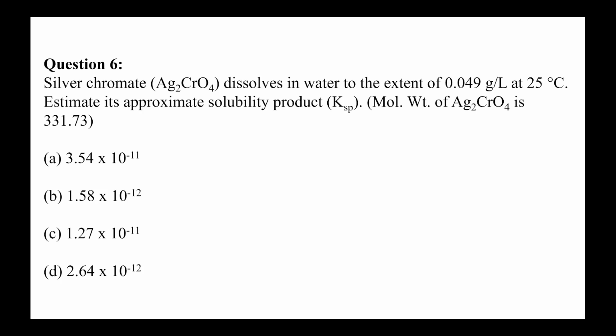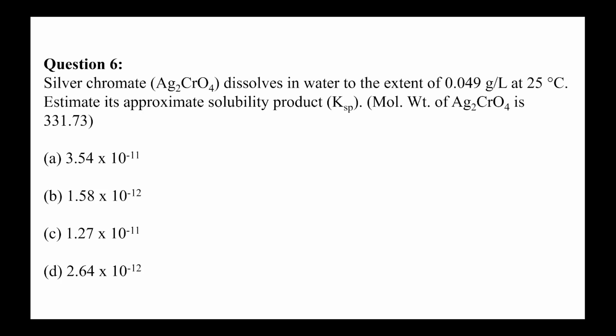Silver chromate, Ag2CrO4, dissolves in water to the extent of 0.049 grams per liter at 25 degrees Celsius. Estimate its approximate solubility product. So the maximum concentration up to which you can dissolve Ag2CrO4 is given. So basically the solubility of Ag2CrO4 is given.